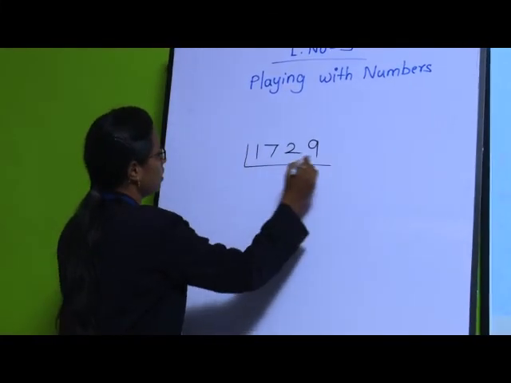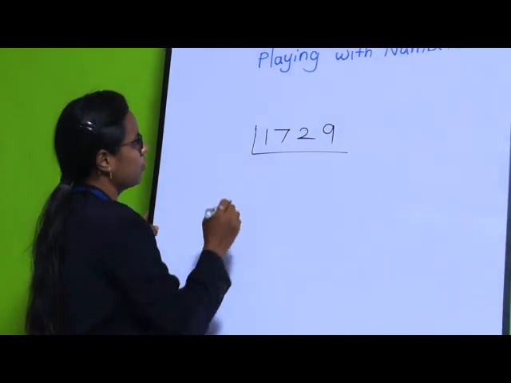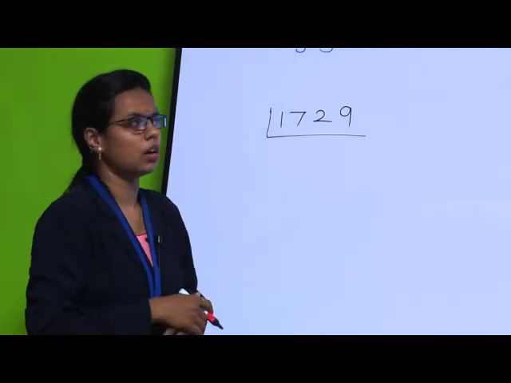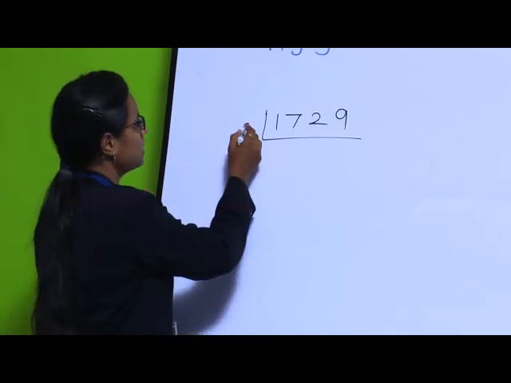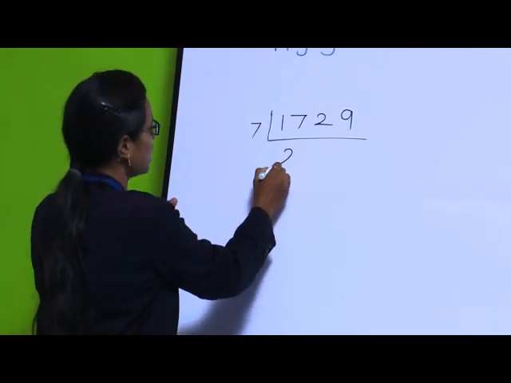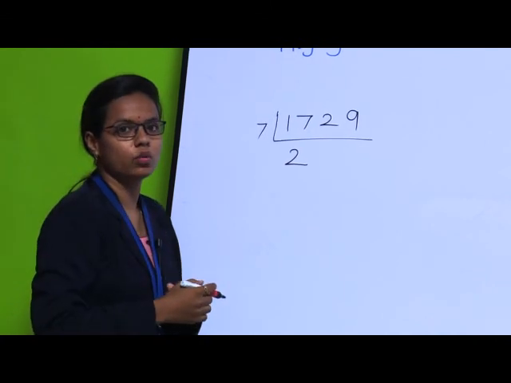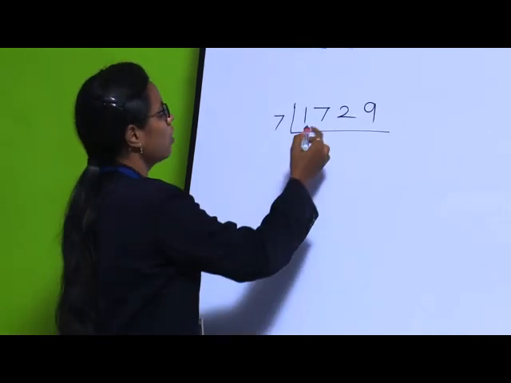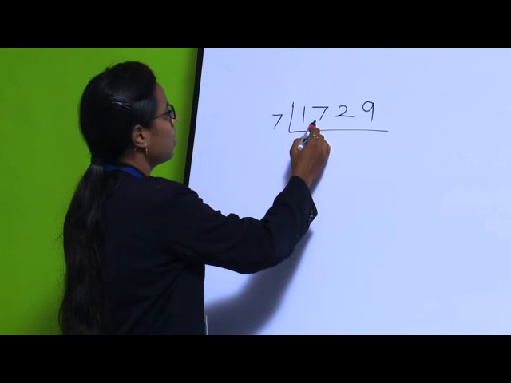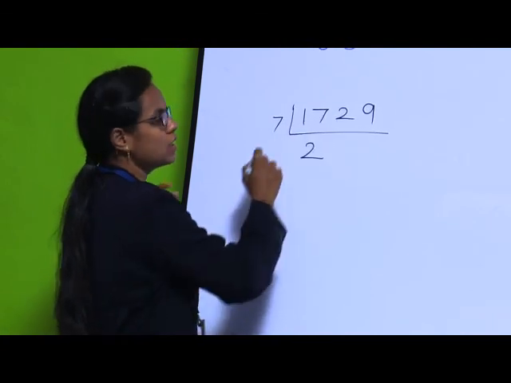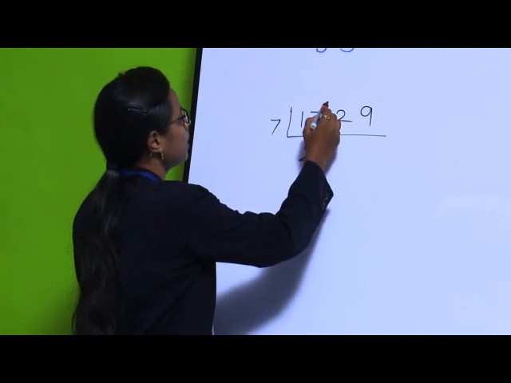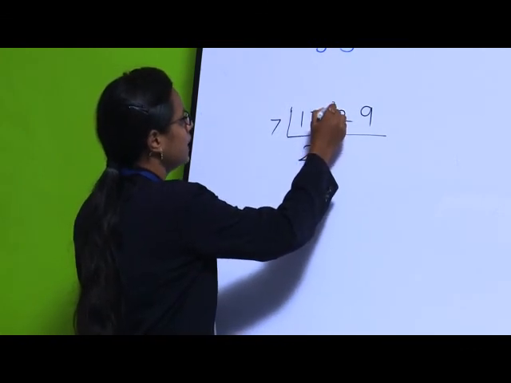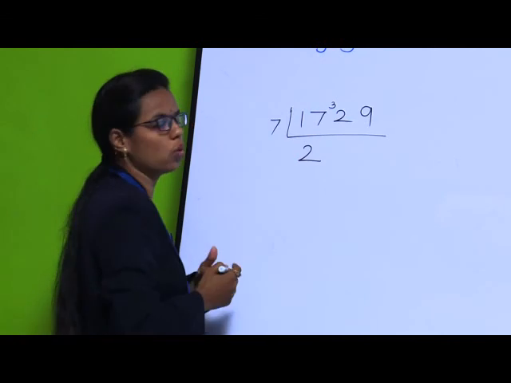So we will take the first number as 2. It will be a very small number. So, let us take 7. 7 2s are 14. 17 minus 14, what comes? 3. It becomes 32.